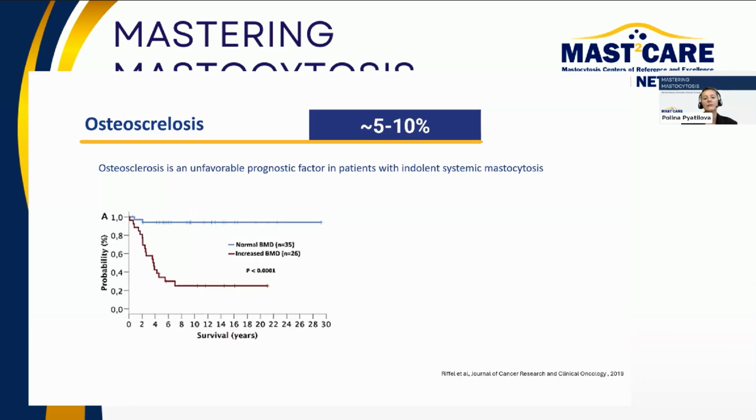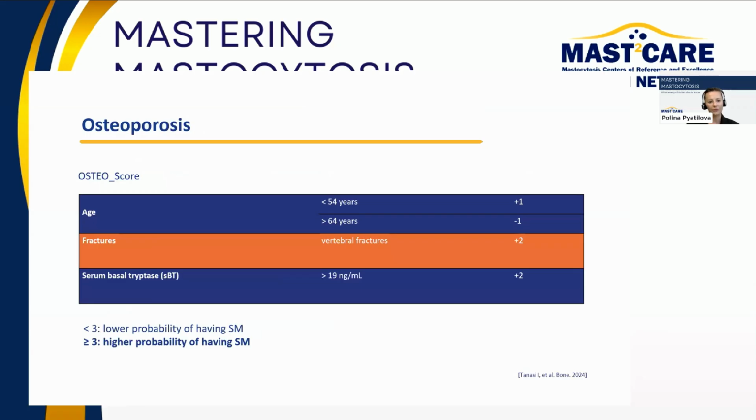So it's like glass, it's also dangerous. Sometimes it is underestimated, but we know that up to 10% of mastocytosis patients could have this osteosclerosis, and it is shown to be an unfavorable prognostic factor. So these patients with indolent systemic mastocytosis should be controlled more precisely to avoid progression.